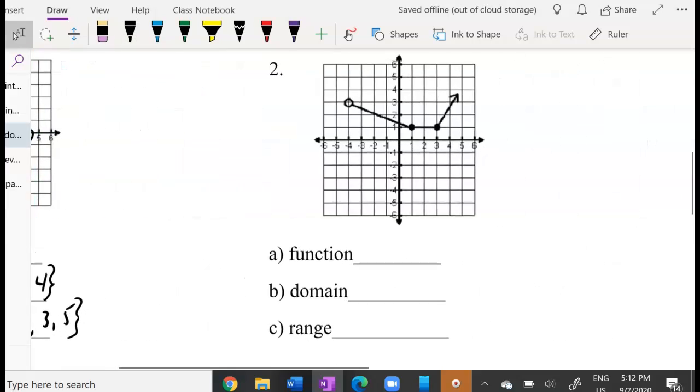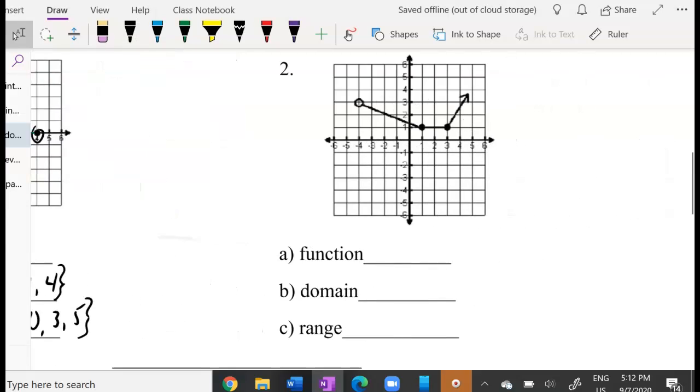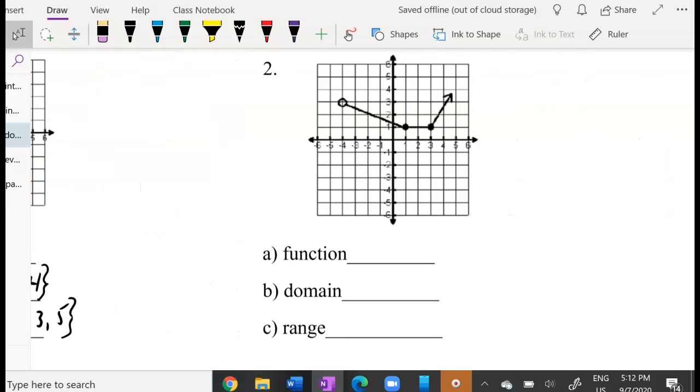Okay, there it is when you have a set of ordered pairs. Now what if you have a graph? If you have a graph, these are going to be more like intervals as opposed to just single numbers, because here on number 1 we could list them all, but most of the time we won't be able to do that. So in this case we're going to look at the graph itself and imagine all of these points getting dropped down. Right below this point comes down, there's an open point there.